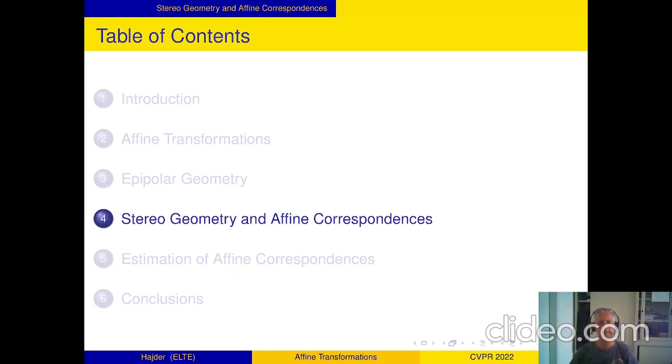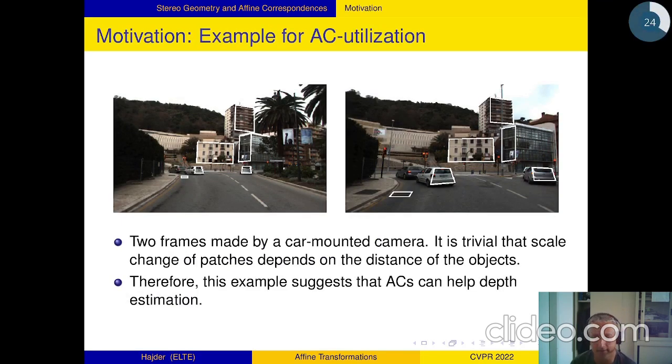In the next part, and this is the main contribution of this tutorial, I overview the relationship of stereo geometry and affine correspondences. At the beginning of this part, a motivating example is visualized. You see that there are two images. This is a stereo problem, even if only one camera is given and two images are taken at different timestamps, at different moments.